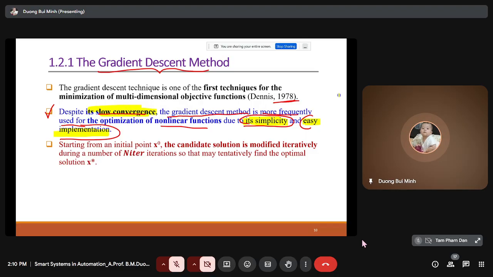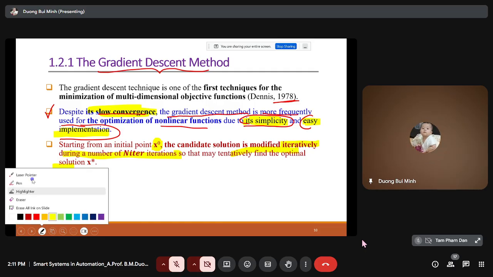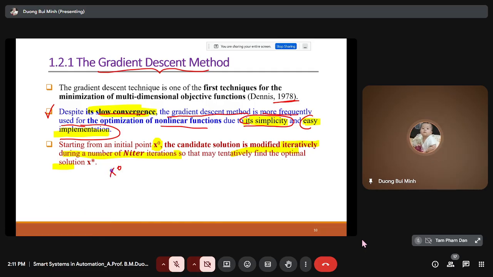So we start from initial bounds x0. The candidate solution is modified iteratively during a number of iterations, so that we may tentatively find the optimal solution. Let me explain. Remember, x0 is a vector, so for the vectors we have x1, x2, up to xd.